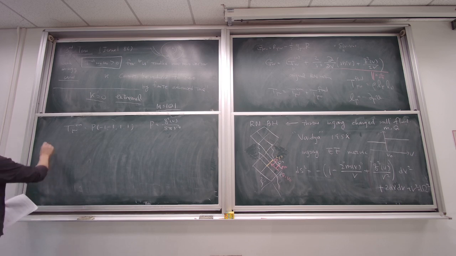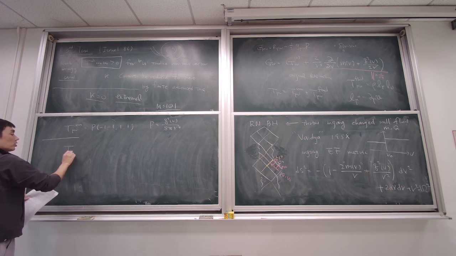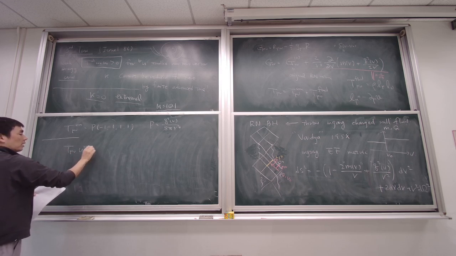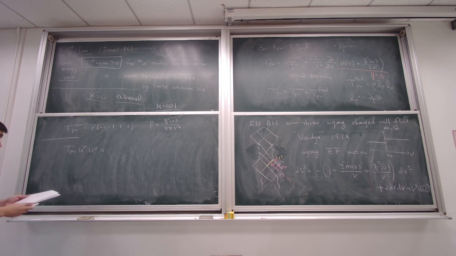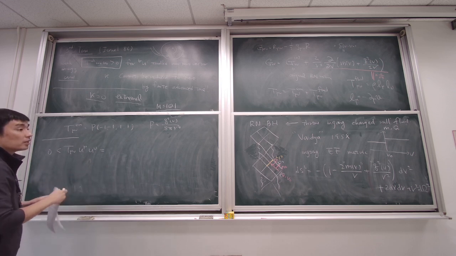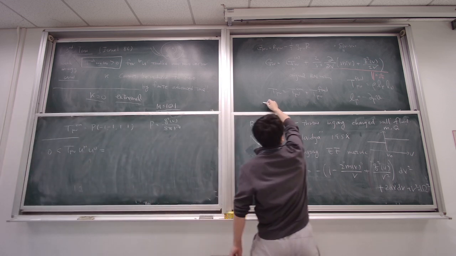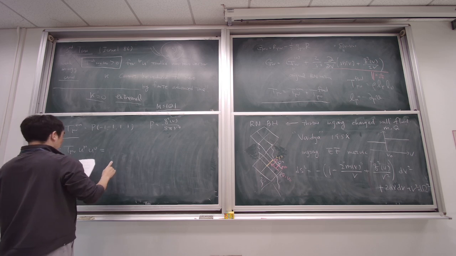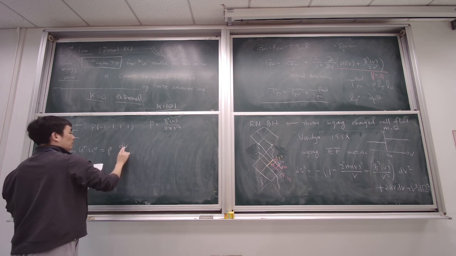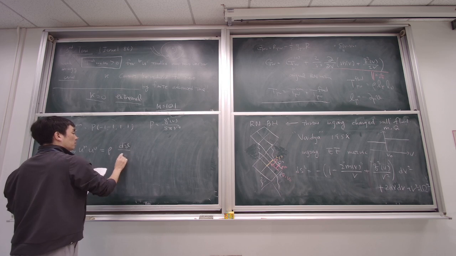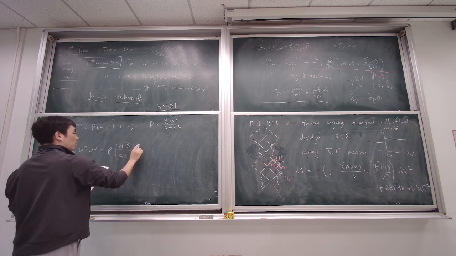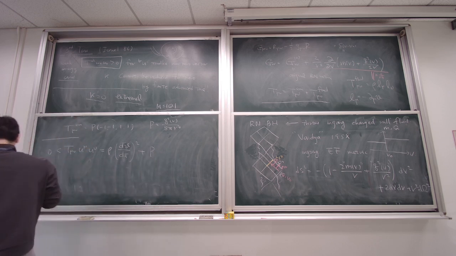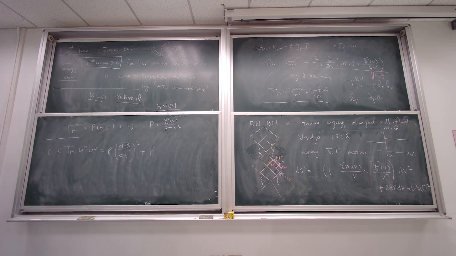Then if you assume the weak energy condition, T mu nu U mu U nu greater than 0, and plug this guy into here, what you get is that rho dV d tau square plus P has to be greater than 0.